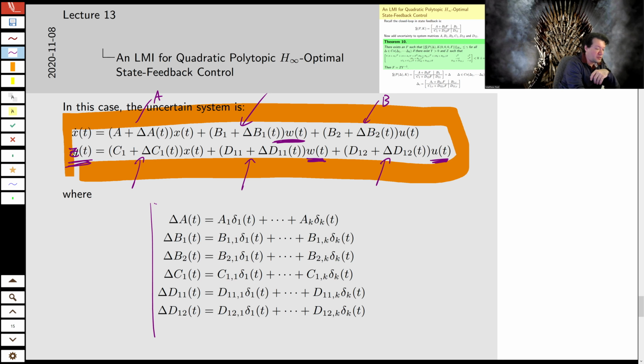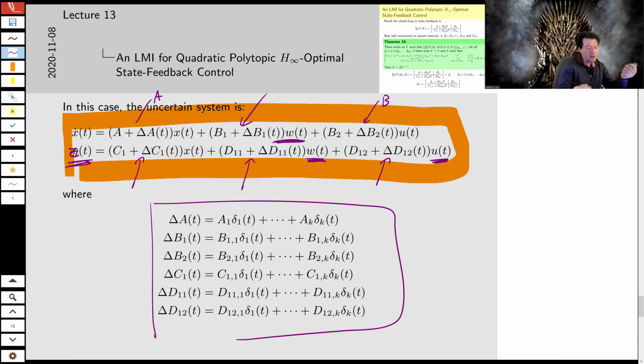All of those uncertain parameters that we see in this representation have the same polytopic, or if you're doing interval uncertainty, polytopic/interval representation. So it's a combination of a bunch of vertices, right?